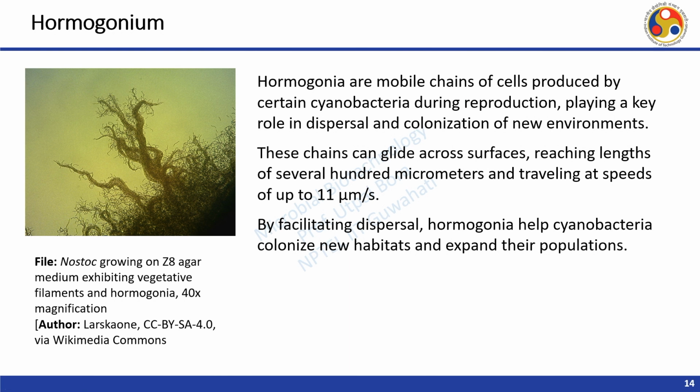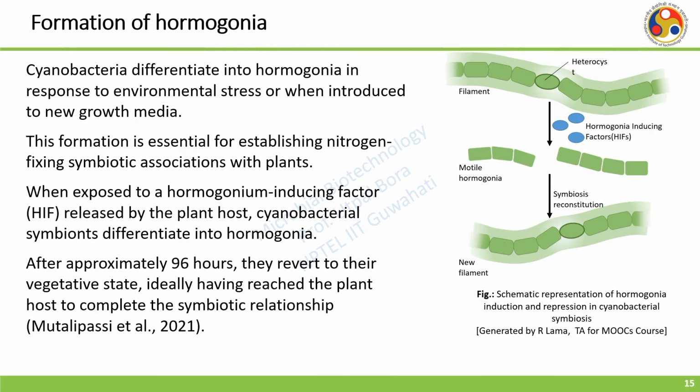These chains can glide across surfaces, reaching lengths of several hundred micrometers and traveling at speeds of up to 11 micrometers per second. By facilitating dispersal, hormogonia help cyanobacteria colonize new habitats and expand their populations.